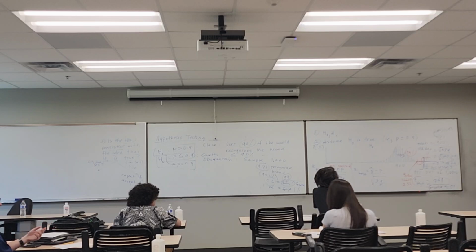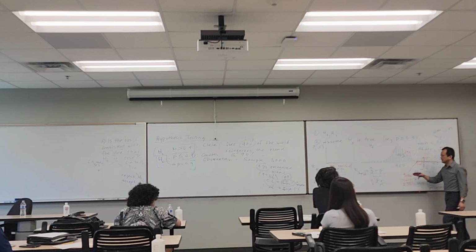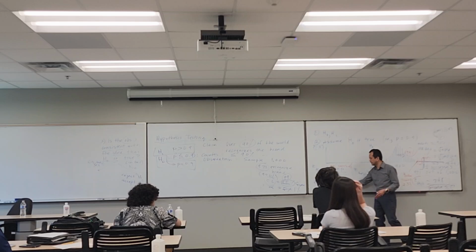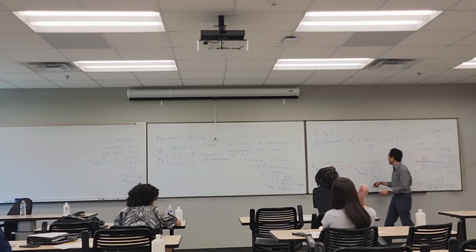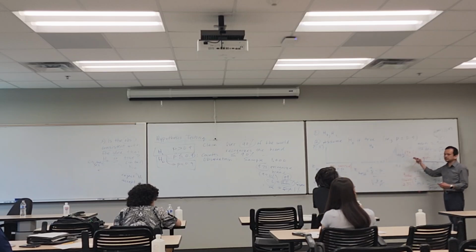Okay, very good. So let me phrase it slightly differently, but what you said is correct. This p-value is the probability of observing this observation, or an observation that is even more extreme than this, if the null hypothesis were actually true. So this is exactly what we're doing here.